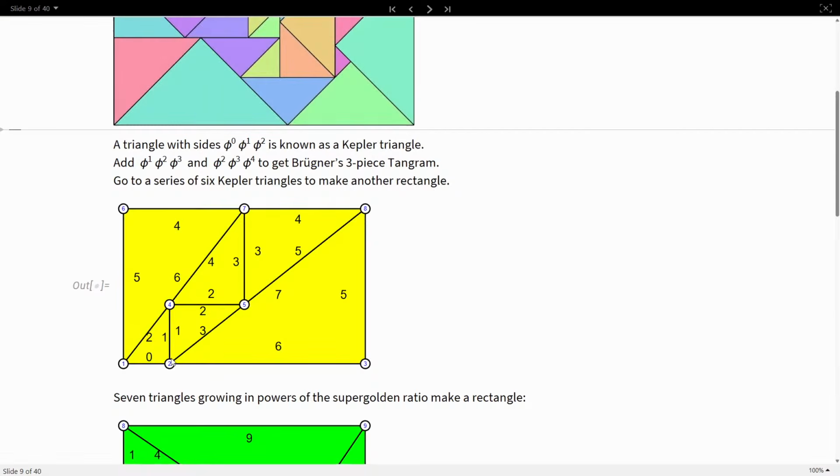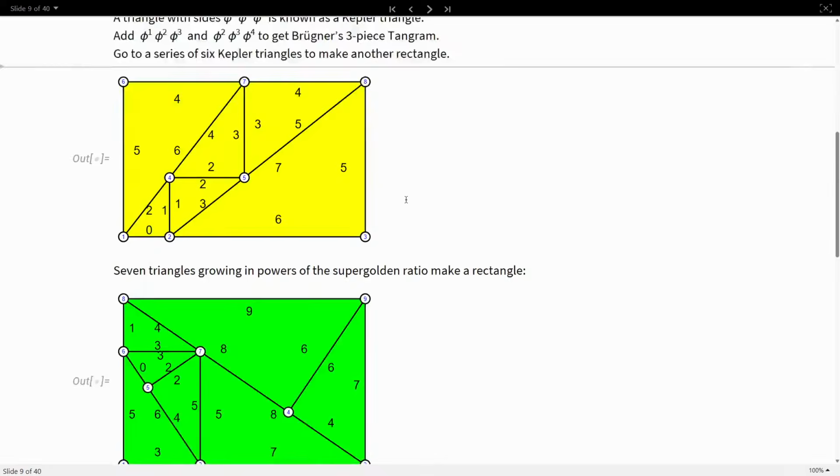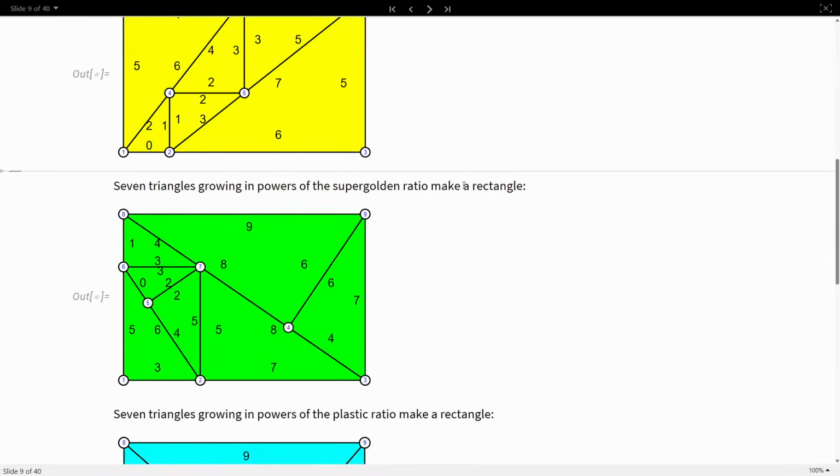All of these edges are powers of a certain root, and when you add 1, you get a similar triangle which is scaled up by that root. And these 6 triangles in progression will make up a triangle, and they all are similar triangles. So we can do that again with the super golden ratio with 7 triangles, as shown here.